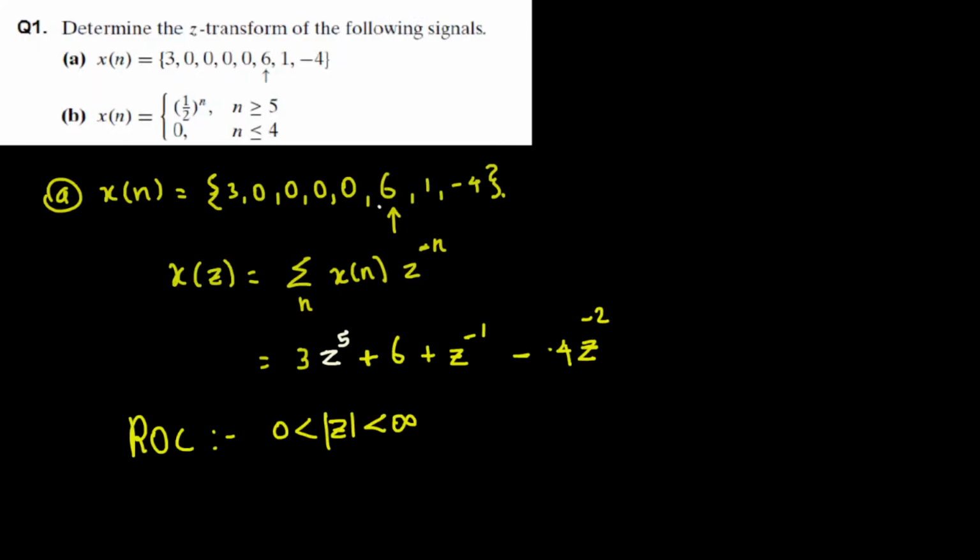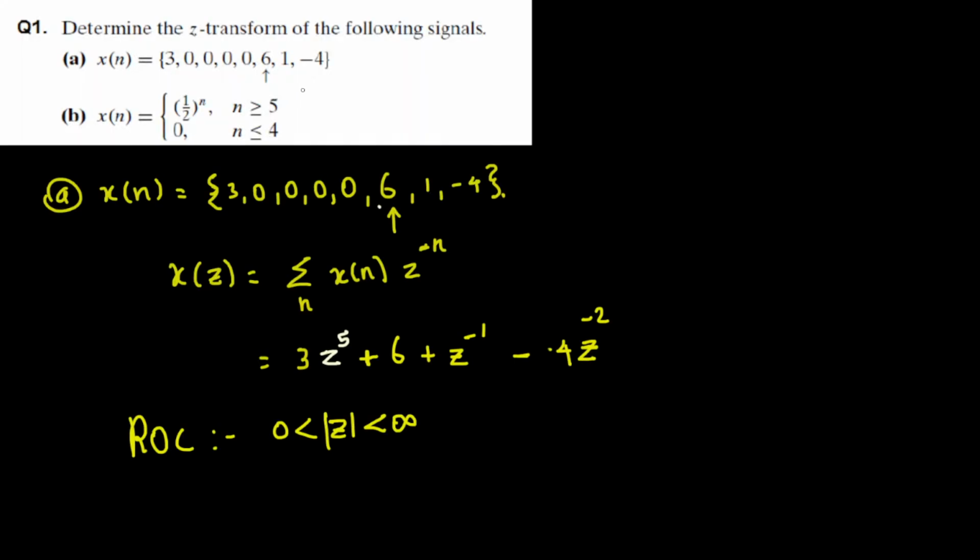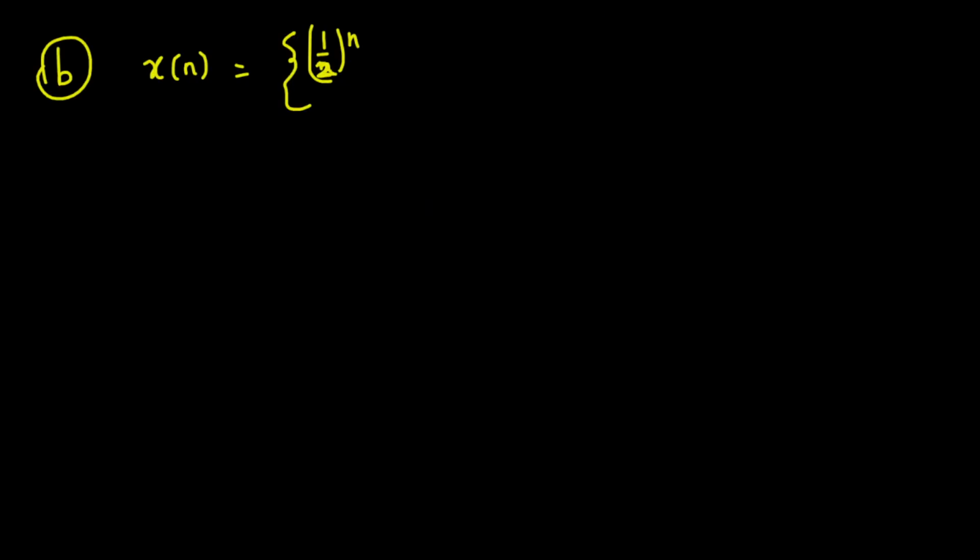So I copy this piecewise function x of n, and that is equal to half power n, and this only exists when n is greater than or equal to 5, and otherwise it's 0 when n is less than or equal to 4.